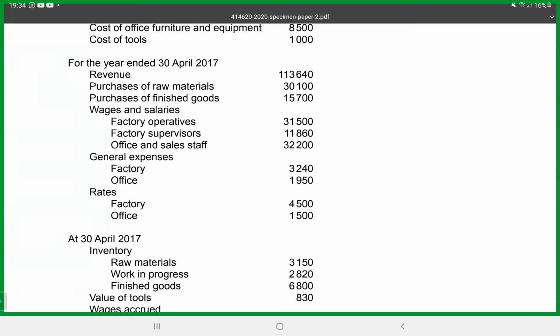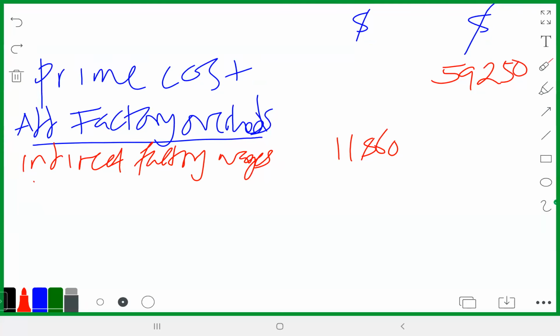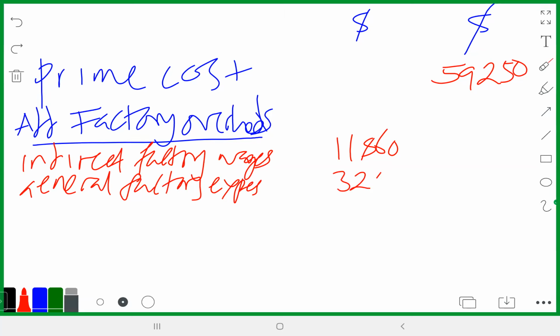These occur in the factory. There is a part of the general expenses that occurs in the factory, so you should write that, not those that occur in the office. We're talking about the factory. So the general factory expenses are 3,240.